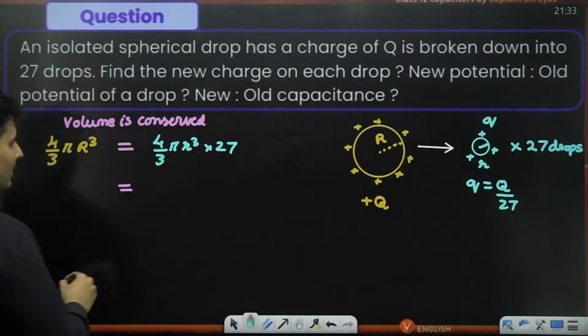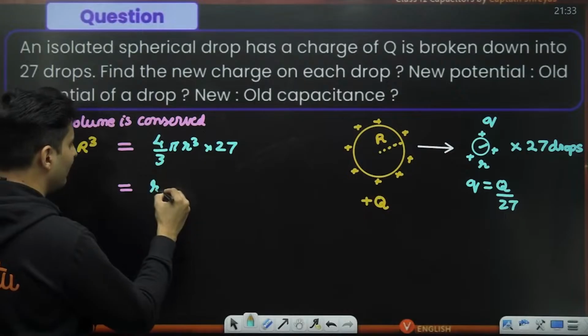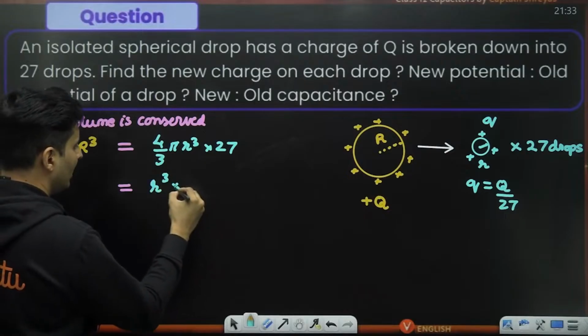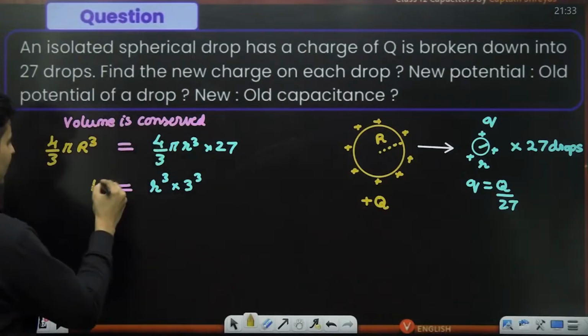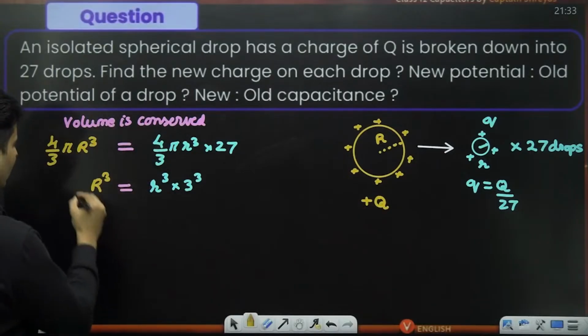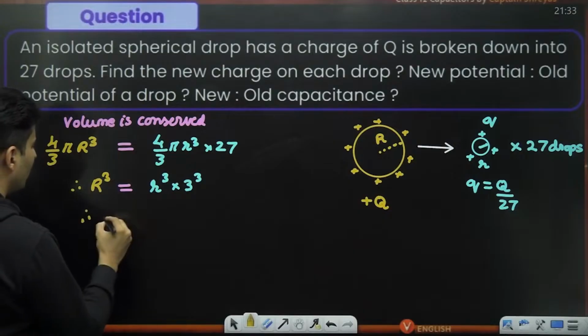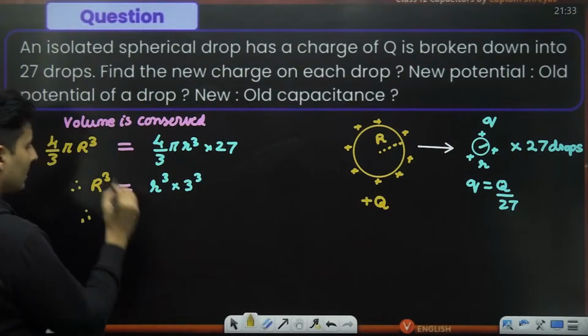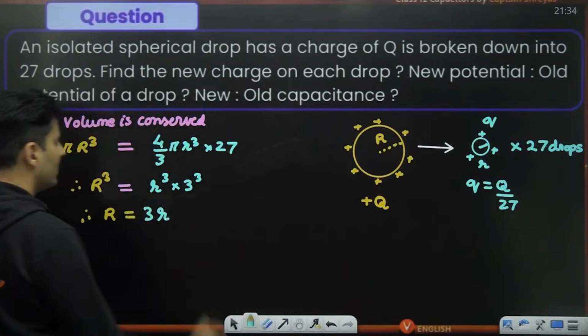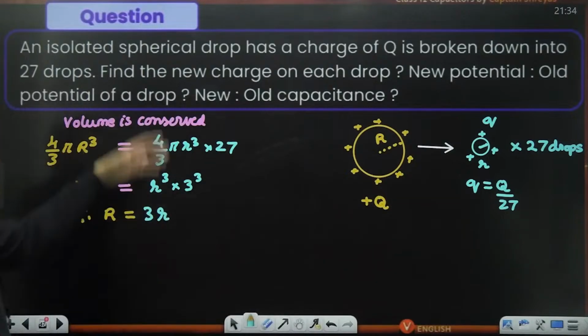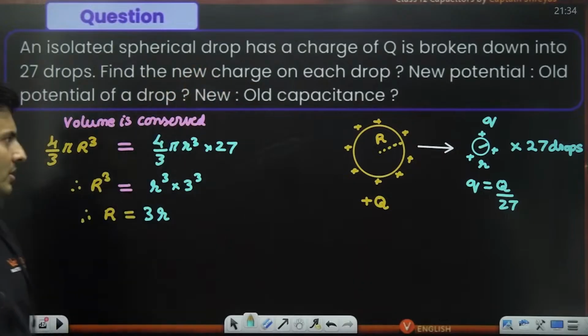Okay, 4 by 3 pi cancels. So we are left with r cube, and 27 is actually 3 cube. That's going to be useful. That is capital R cube. So therefore, capital R is nothing but 3 times of small r. I will use this maybe for solving the questions.